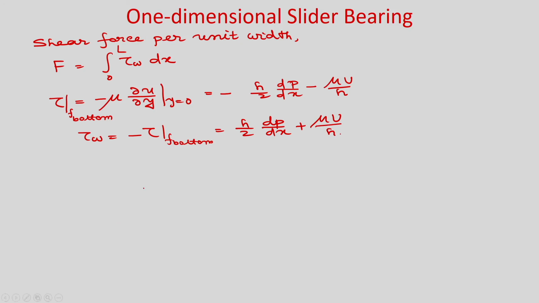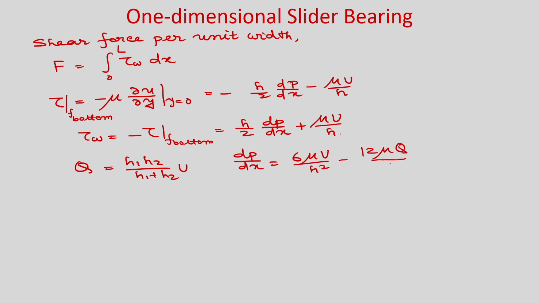Now you substitute the value of this dp by dx, and invoking the value of q, we can get, so q is equal to h1 h2 divided by h1 plus h2 into u, and dp by dx we have the expression 6 mu u by h square minus 12 mu q by h cube.